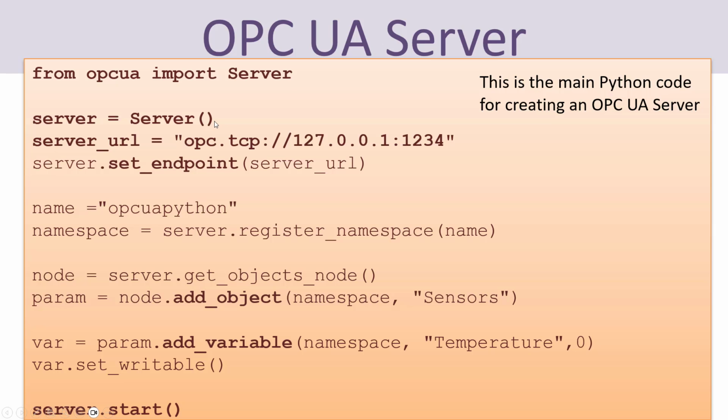Then you just define the server using server equals Server, and then you specify a server URL for your OPC UA server. In this case, this is just your local IP address, and here you specify the port number, and then you just use the set endpoint method in order to set this URL for that specific server, and then you specify a name for your OPC UA server.